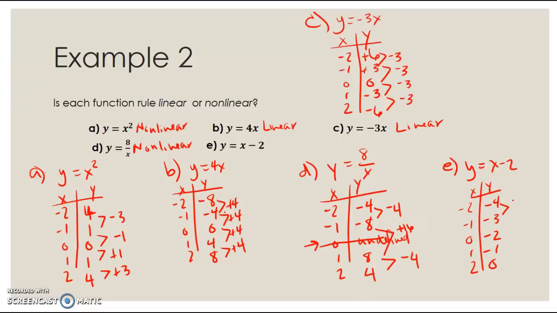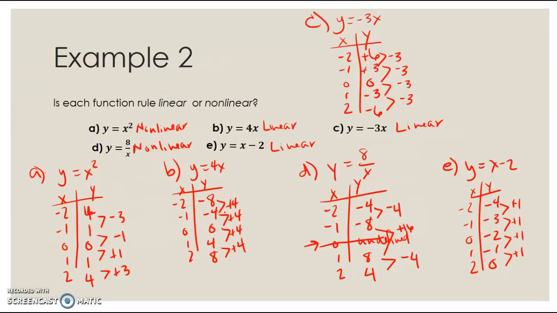And so from here we are adding 1 each time, and so that means we have a constant rate of change, so E is linear.